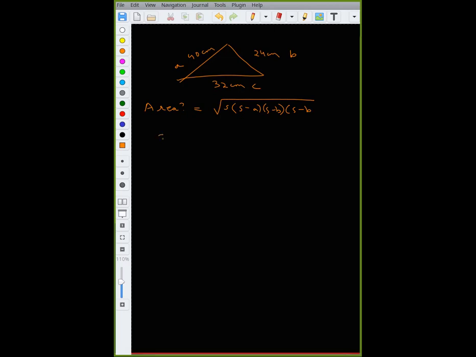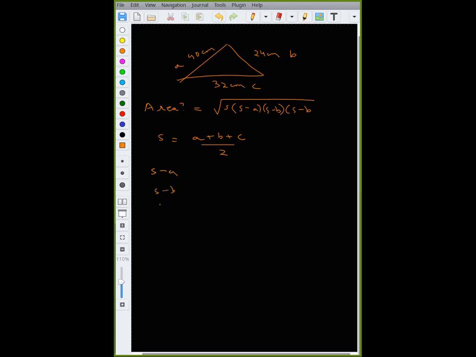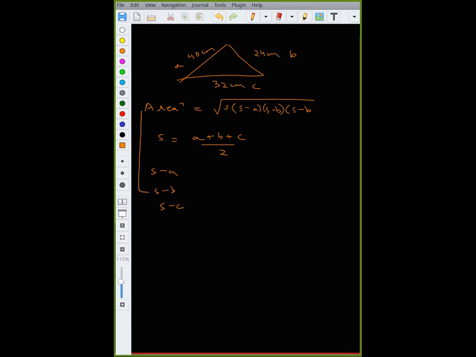So first find out s, which is nothing but a plus b plus c upon 2. Then find out s minus a, then find out s minus b, then find out s minus c, and then plug it into the formula. Okay? Very simple question. Only part you need to take care of is the root sign.